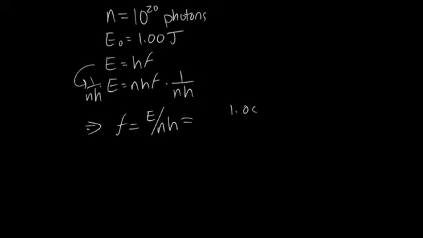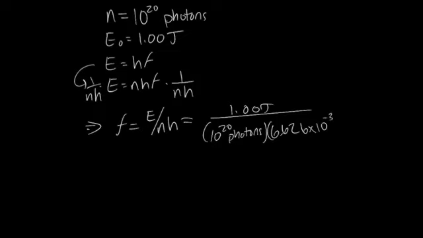And this gives us 1 joule over n of 10 to the 20th photons times Planck's constant. We come up with a value of frequency of 1.51 times 10 to the 13th hertz.